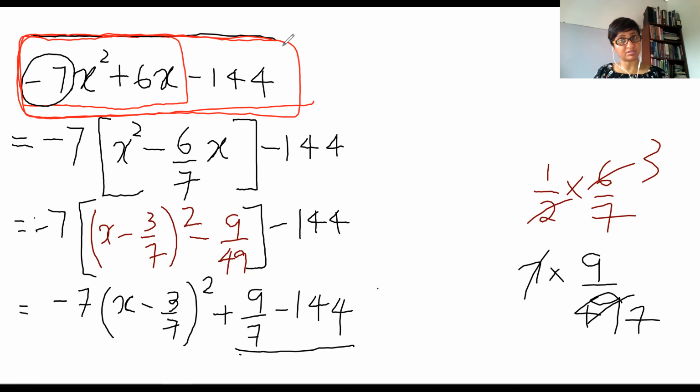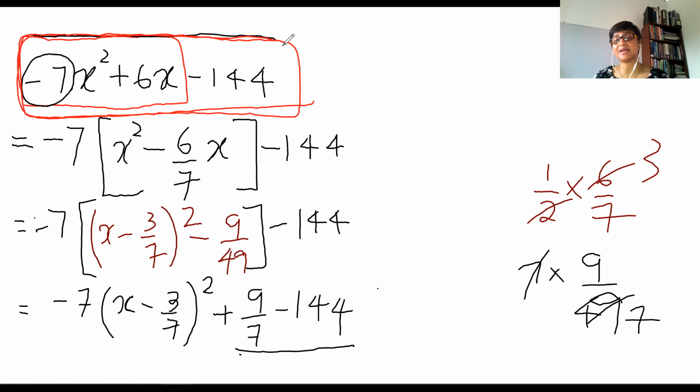When the 7 is outside, in this particular form, the secret is, in the square you have to have just x. Now if you bring the 7 in, you're going to have a coefficient again for the x, and it makes our information extraction a little difficult. So it's okay for now, but don't make it a habit, because you will only be in trouble later.